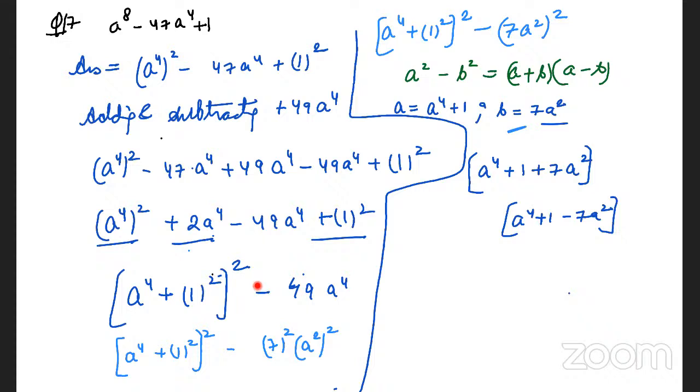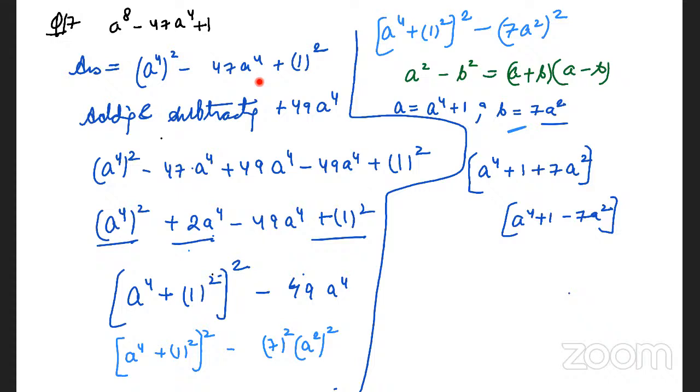What I did was adding and subtracting 49a to the power of 4. So plus 49a^4, minus 49a^4; if I cut it, it will become 0. And I didn't change the previous step.